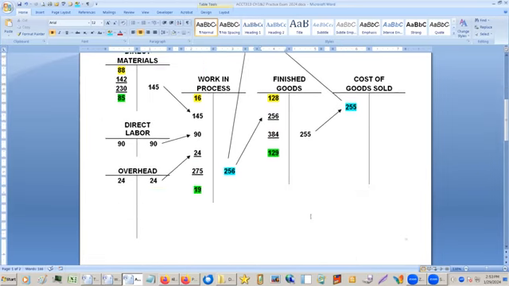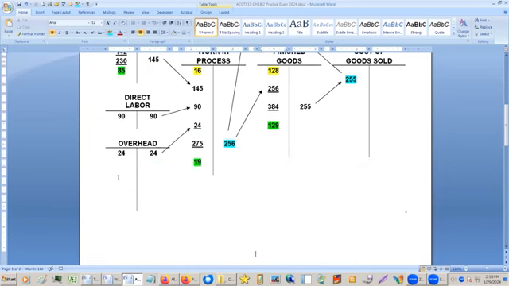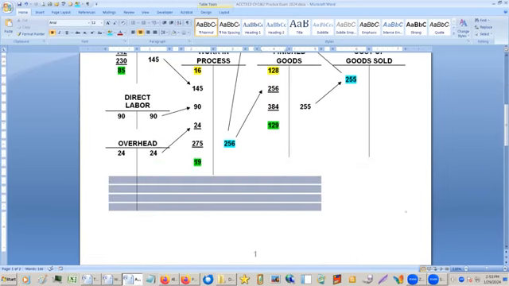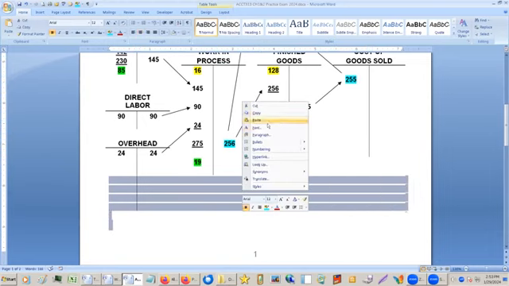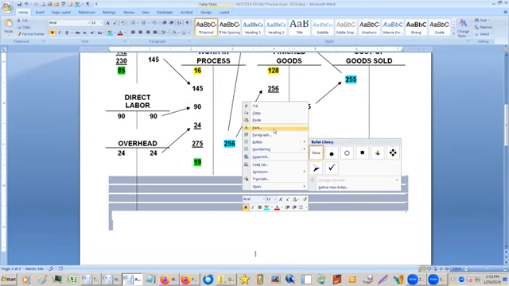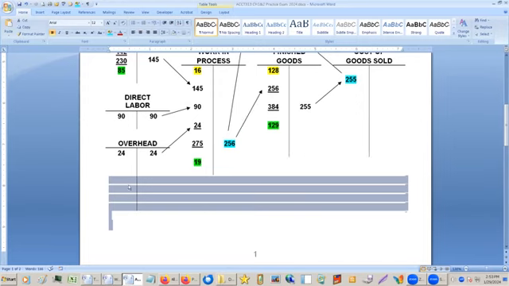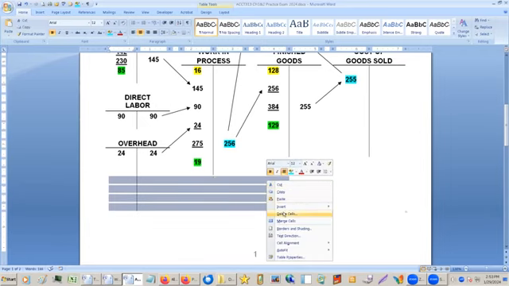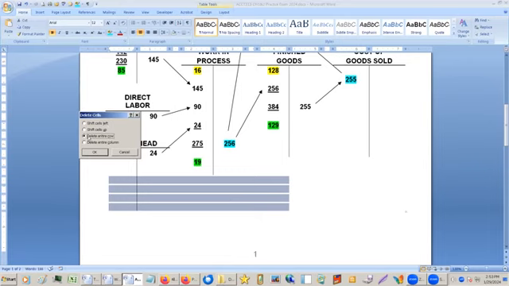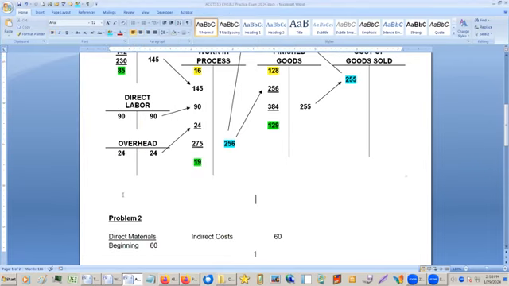Now there will be an extra credit. I don't know why I made this so big here. Hold on. Let me erase them. Okay, so the extra credit will say, okay, I'll make an income statement.